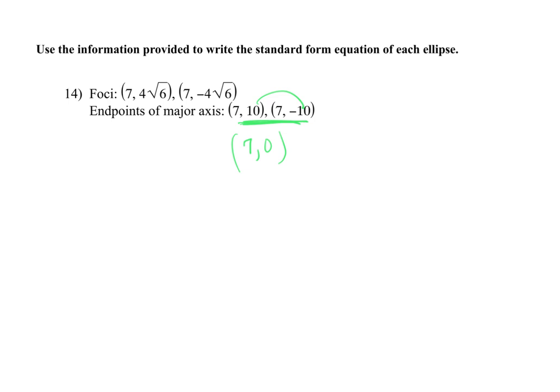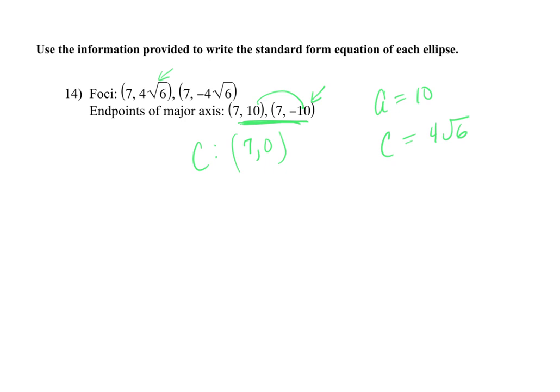So this actually tells me my A as well, my endpoints of my major axis. If this is my center, which is the average of the two, then my A has to be 10, because that's how far away from my center I'm moving. And then this will tell me my C value. How far away from center am I moving for the foci is my C. So I actually know my C value is 4 squared is 6, which I can then find B, right?